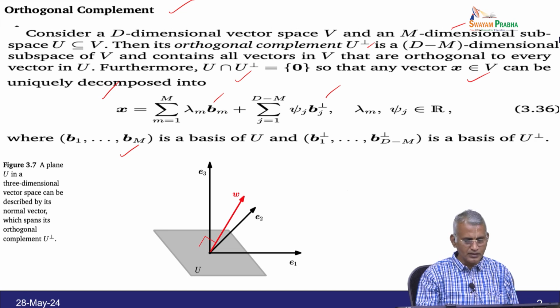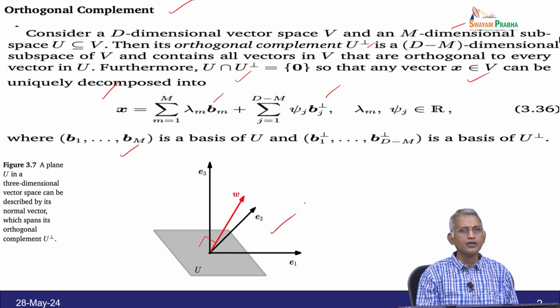So, the plane U in a 3-dimensional vector space can be described by its normal vector, which spans its orthogonal complement U perpendicular. The red arrow indicates that they are mutually perpendicular to one another, and then we can easily identify which one is the orthogonal and which one is the complement.